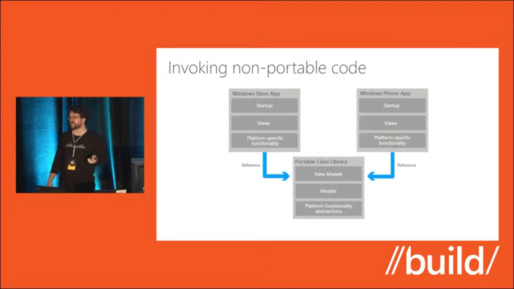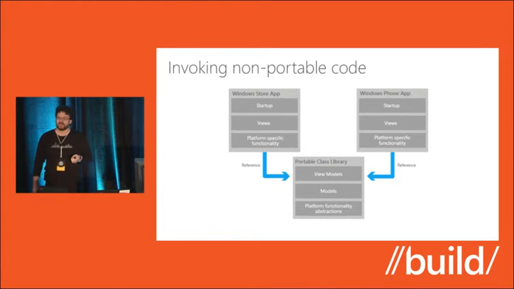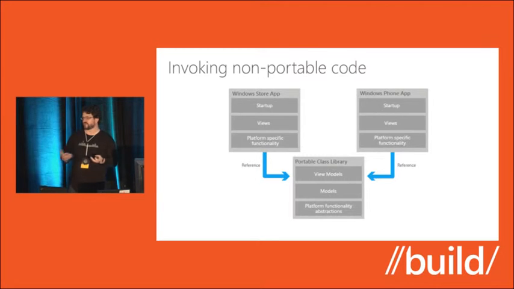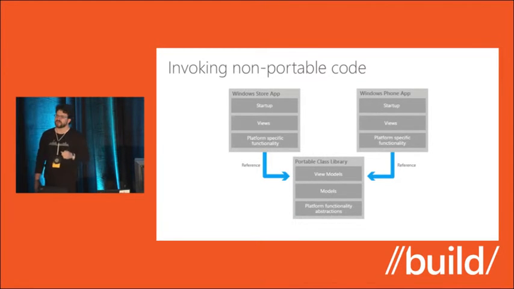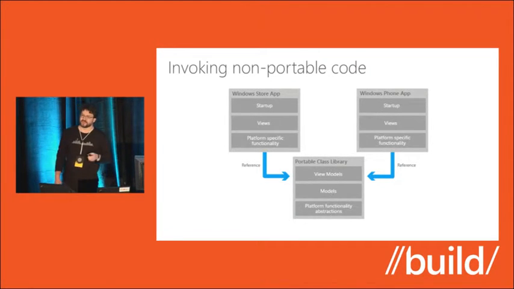In our case, that abstraction would be just a simple interface to retrieve data for us. Once we have that interface defined, the view model can then use it to call in to get the data. But we'll implement it concretely in the phone app and the store app.